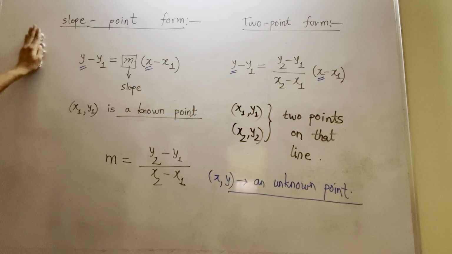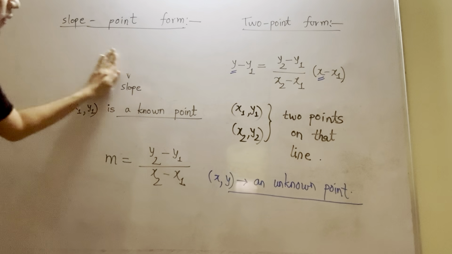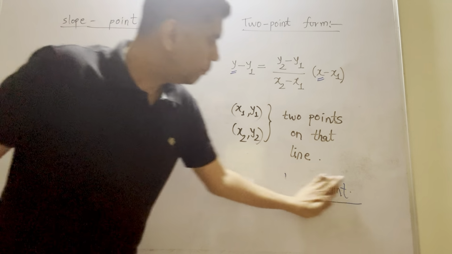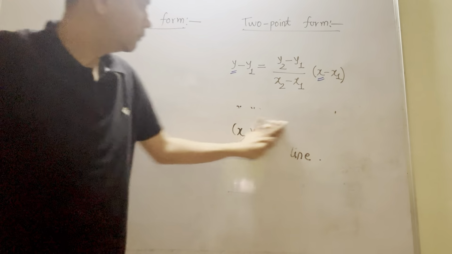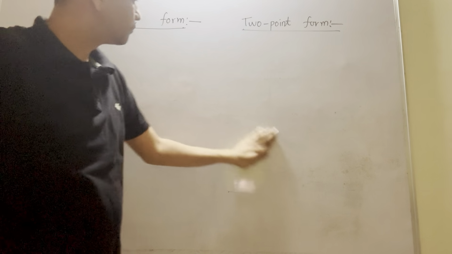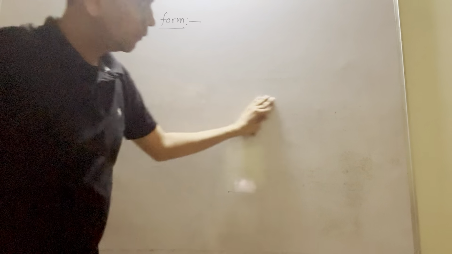Okay, now the last form of equation of a line that we will see here is known as parametric form. Okay, what is it called as? Parametric form. So let us see how to write the equation of parametric form here.